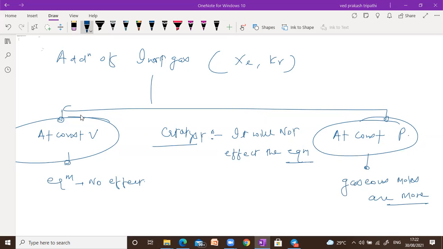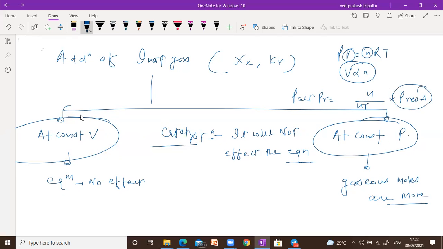Ronak is asking why, at constant pressure, equilibrium will favor the higher number of moles. You can explain this on the basis of PV equals nRT. Volume is directly proportional to the number of moles. The partial pressure expression is n upon total mole, nT, times pressure.